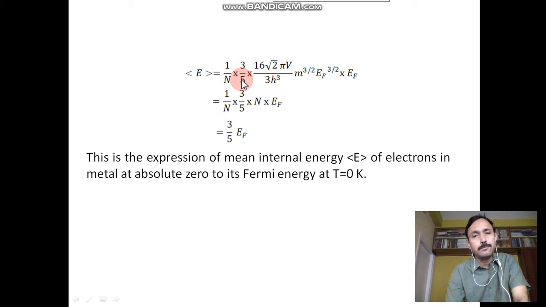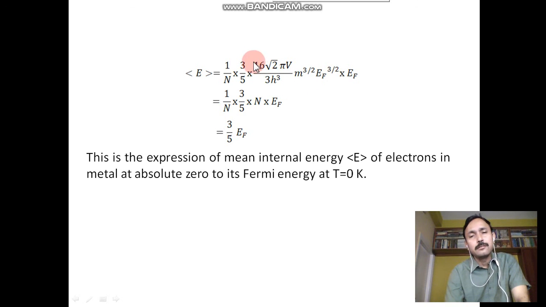So we are multiplying here by 3 and dividing by 3, so this 2 will nullify. But our purpose will be served in this way: 16 root 2 pi V by 3h cube m to the power 3 by 2 Ef to the power 3 by 2. It was 5 by 2. We are just arranging like this, 3 by 2 plus 1. So Ef to the power 3 by 2 into Ef to the power 1, so this becomes Ef to the power 5 by 2.